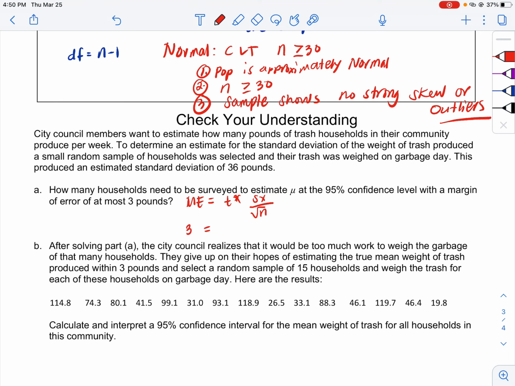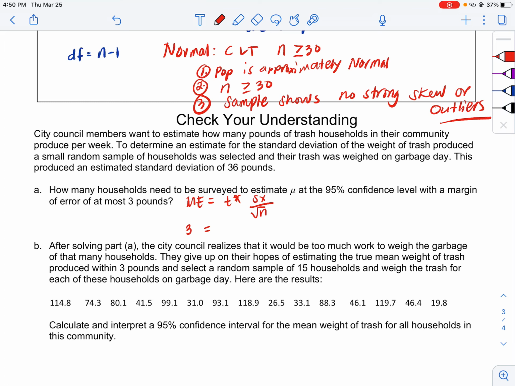Our T star is, okay, let's try to analyze here. In order for us to find the T star, we need a number of sample, correct? Because when we try to find the T star, we need a DF, and DF is number of sample minus 1. So in this case, I'm missing the sample, I'm missing the T star, I'm missing the DF. So how am I gonna solve the problem if I'm missing all of them?